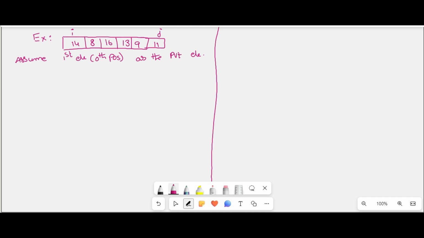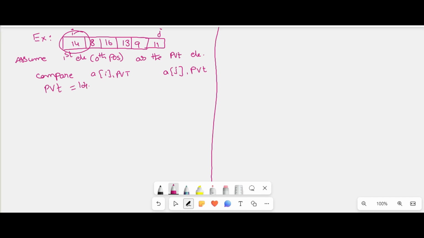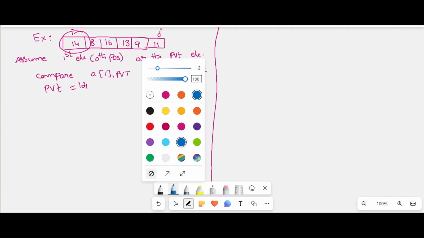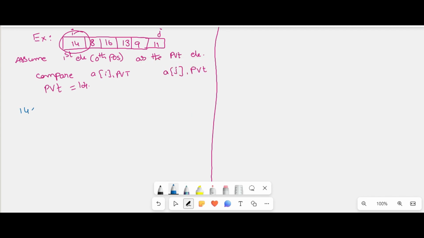We compare A of i with the pivot and A of j with the pivot element. The pivot in our example is the first element, which is 14. Now compare 14 with 14. 14 is less than or equal to 14, so i will be incremented.